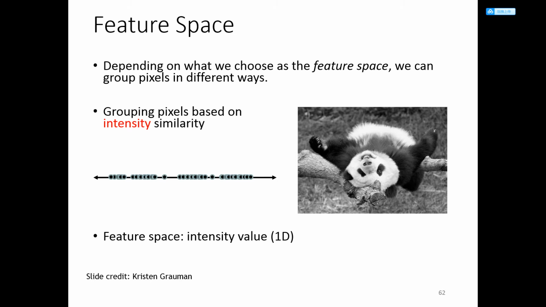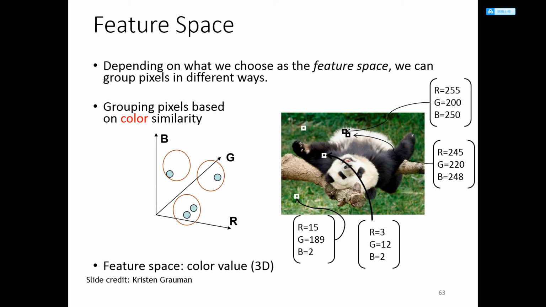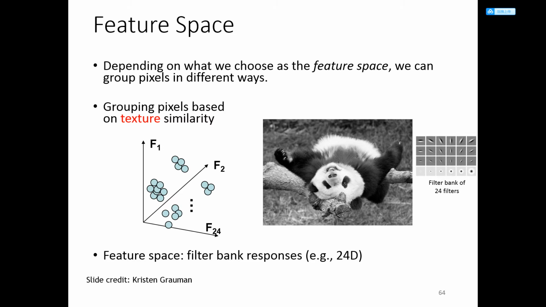In terms of feature space, as I mentioned, we can use intensity, but of course we can also use color space, and we can have high dimensions. For example, we can include location, or even use a feature space.